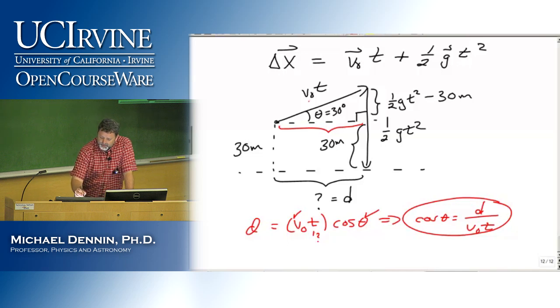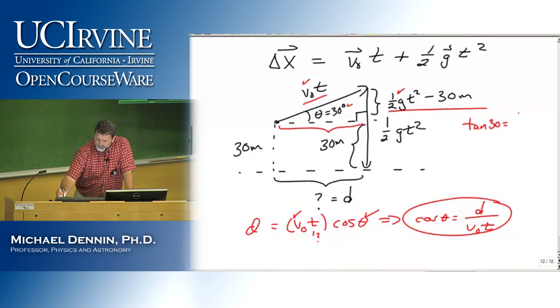And notice if I look right up here, I know this, and I know that. So I also know tangent of 30 is 1/2 gt squared minus 30, the opposite over the hypotenuse, v naught t. Oh, I even know that. Sorry, tangent. I lied to you.